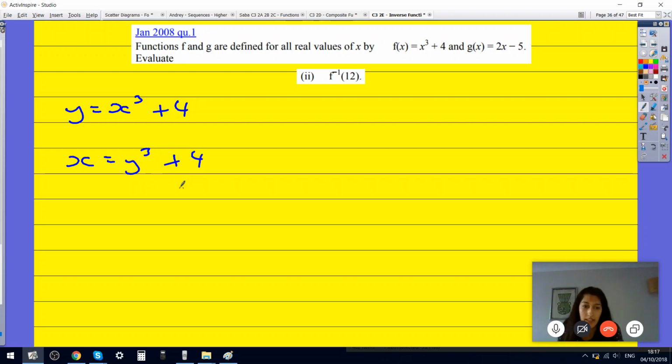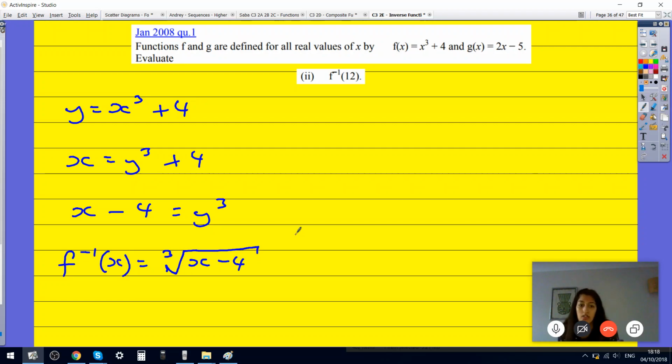Then x minus 4 equals y cubed. And then cube root of x minus 4 equals y. So f minus 1 of x equals cube root of x minus 4. And then you just substitute 12.